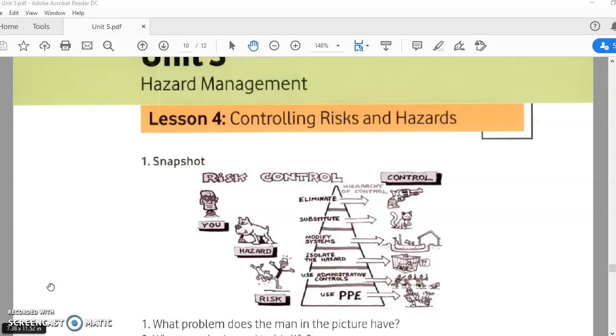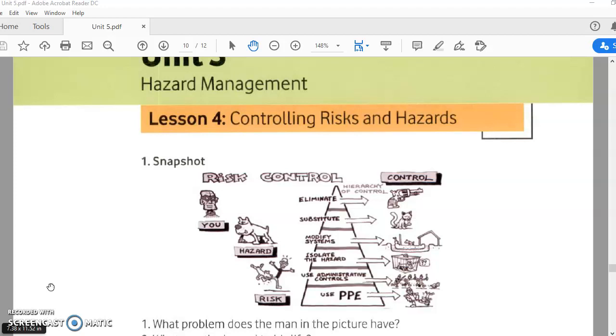The step after that is the use of administrative controls. For example, instead of allowing 100 workers working at the same place at a particular time, to minimize the risk, probably we would allow just 10 workers at a time and rotate.